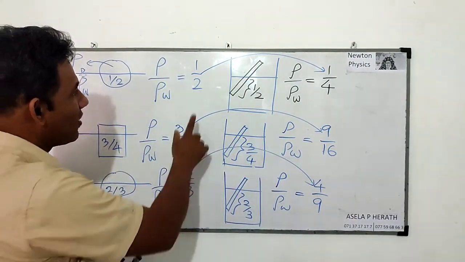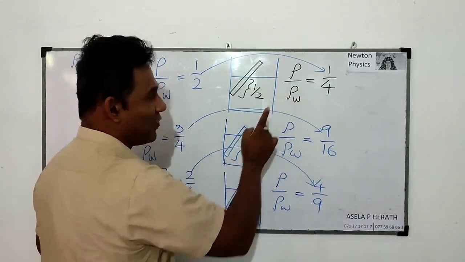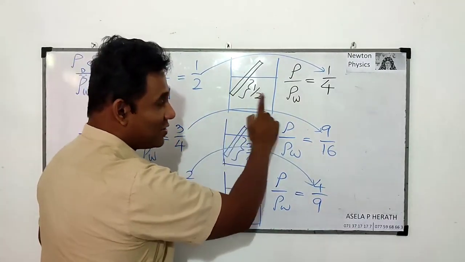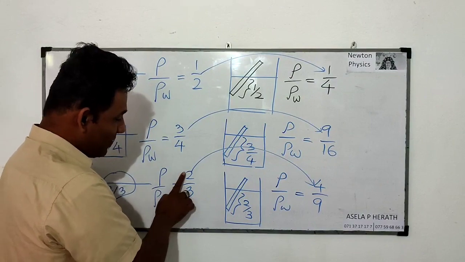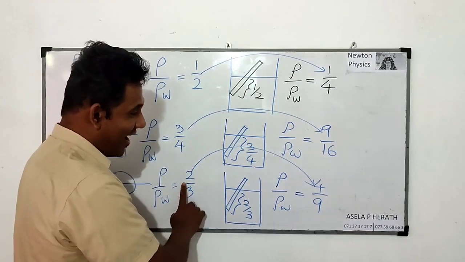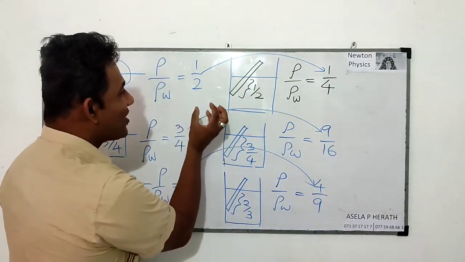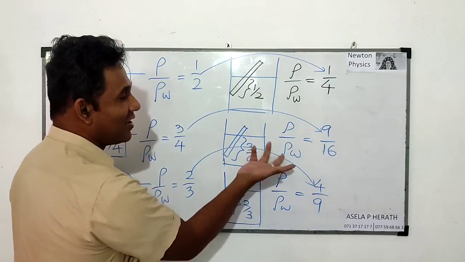Here the term becomes 1 over 2, and if you take the square, it becomes 1 over 4. Here the term becomes 3 divided by 4, the relative density becomes 9 divided by 16. Here the ratio becomes 2 divided by 3, and here the relative density becomes 4 divided by 9. You only have to take the square of this value and you will get the relative density.